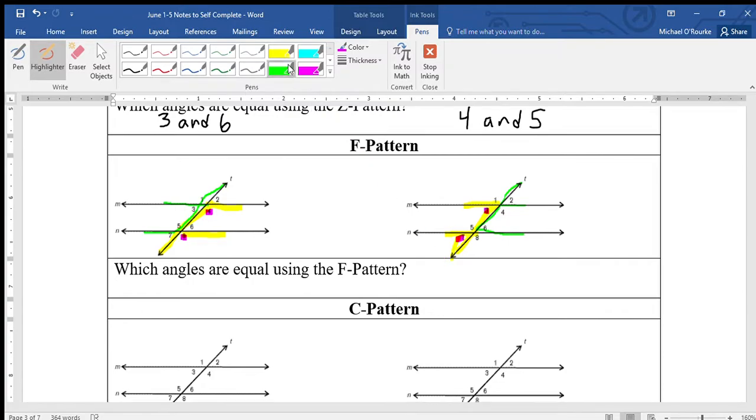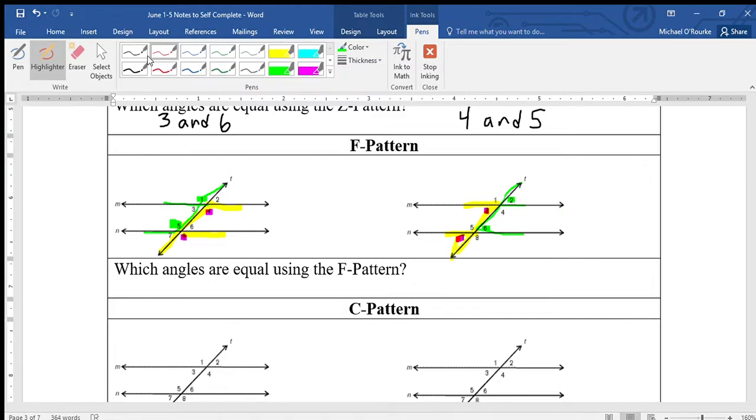Now, could you predict what green would be equal? Looking at this one here, what two angles would be equal? It will be the 1 and the 5 over here. On this side, what do you have? If you figured out the 2 and the 6, you'd be right.